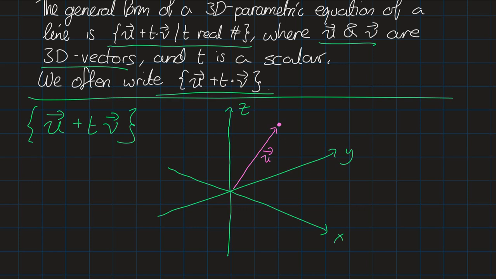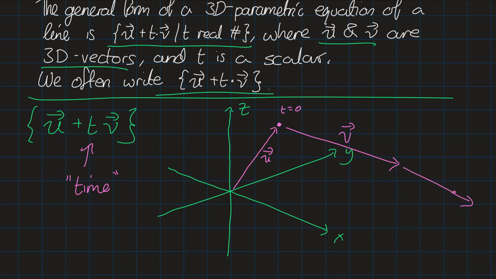The airplane at time t equals 0 was spotted at the vector u, traveling in the direction v. You can think about t as time. As time goes on, the airplane is going to travel in the direction v.